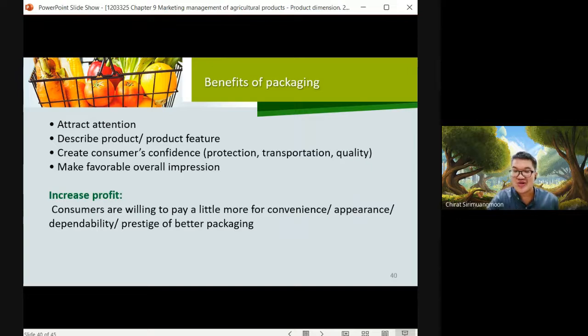So the consumer is willing to pay more. Sometimes they want to buy the package to be a souvenir, an item that can keep good memories. So in this case, it increases the profit of your products.